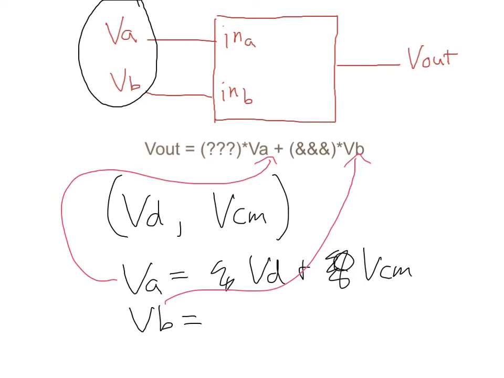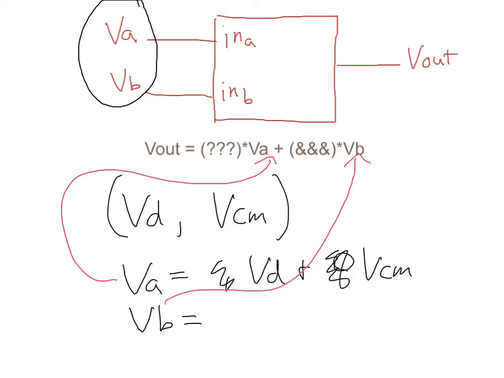Now we solve this, V out as a function of, now it's some other term times VD plus some other term times VCM. We go back to a previous slide and we take the derivative with respect to the differential, derivative with respect to the common mode, and we're done.